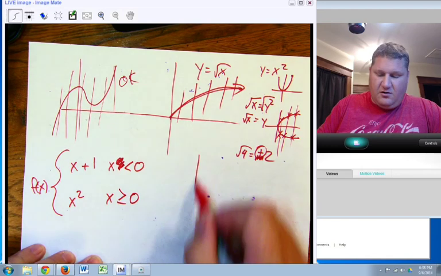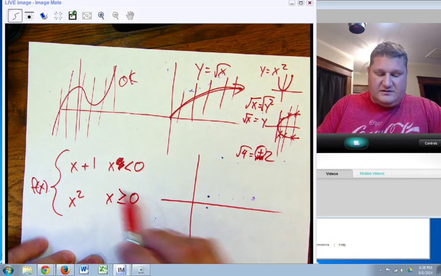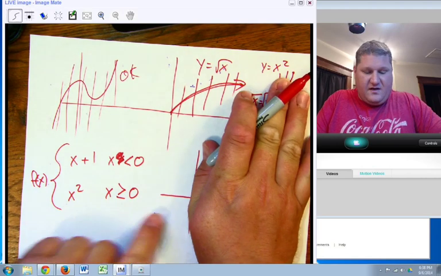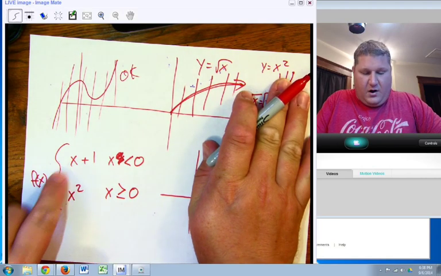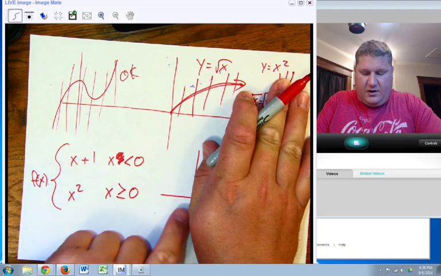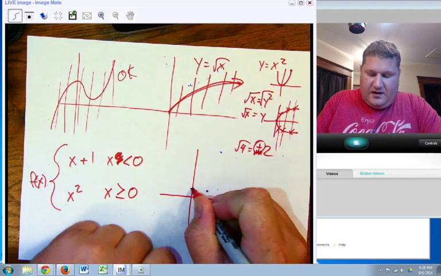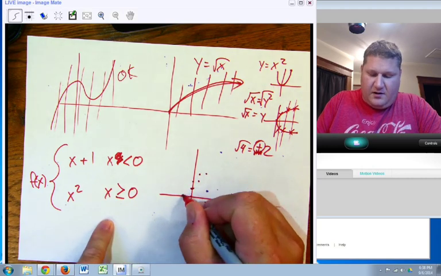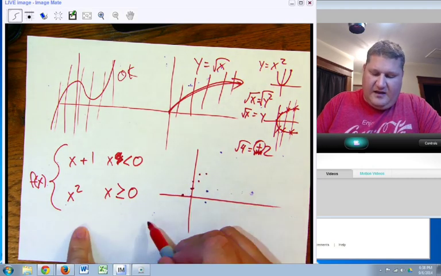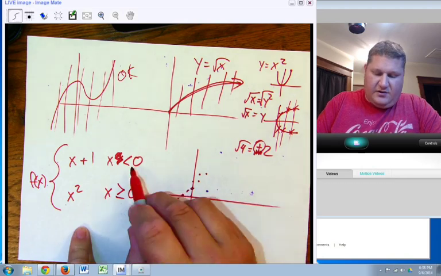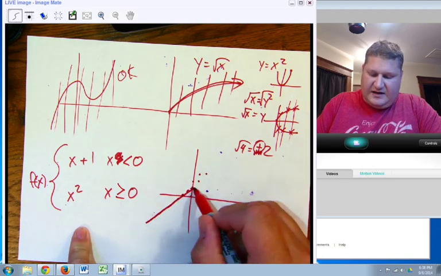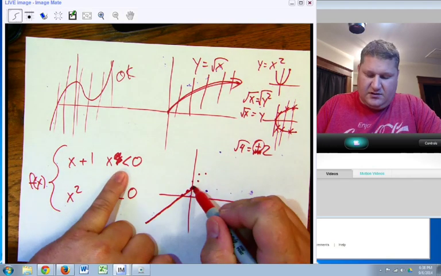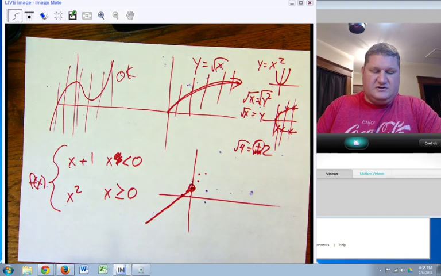So if I were to graph this, I would say for everywhere less than 0, which would be this portion of the graph, I'm using the graph y equals x plus 1. So we go up 1 over 1, up 1 over 1, back 1, down 1, and we would have this. The problem is I only want it less than 0, so when I get to here, I must stop. And in fact, because 0 is not included, I use an open circle.